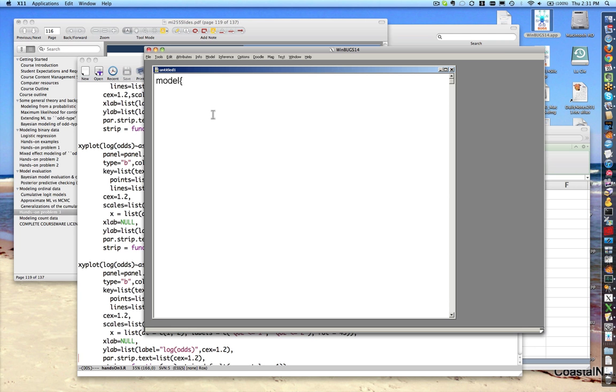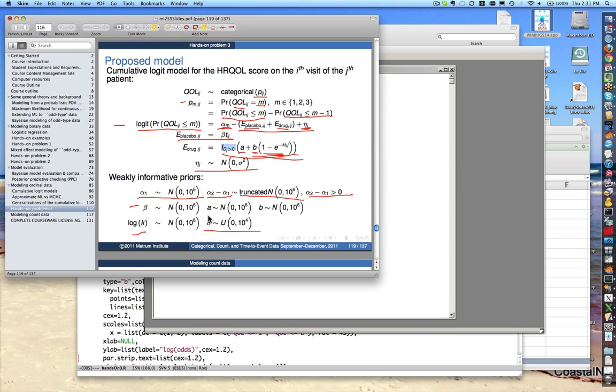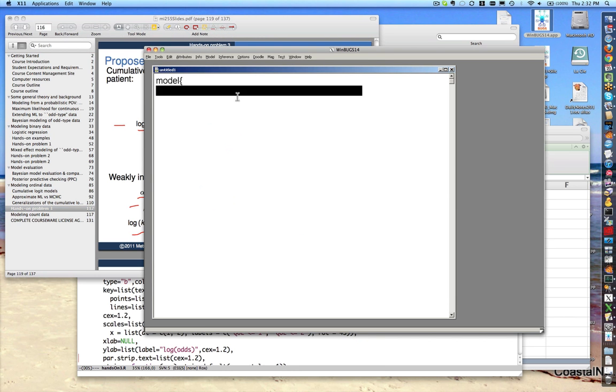Now one of the first things in here is we're going to have a random effect that we're going to have to make use of in our model. I could either do it at the end or at the beginning, but let's do it at the beginning. So let's set up a loop that goes over our individual patients and generates these eta j's.